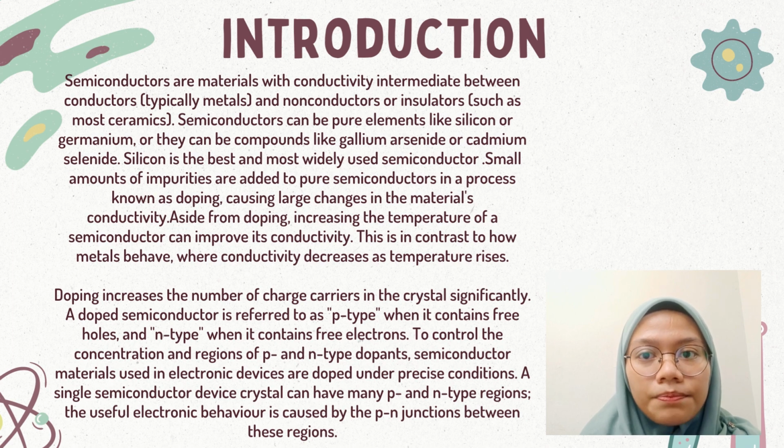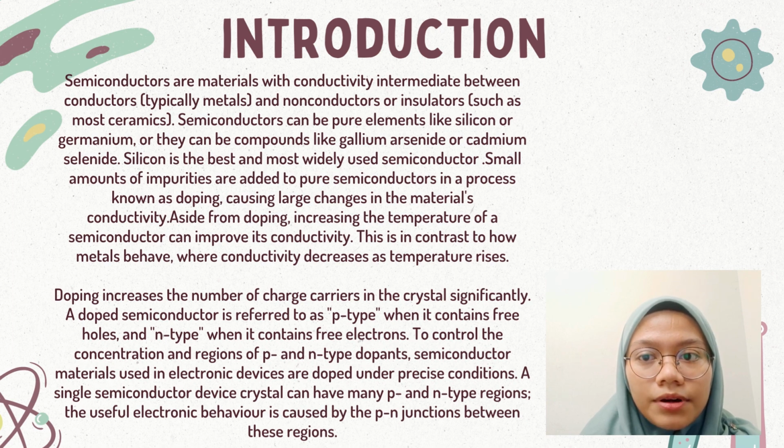Small amounts of impurities are added to pure semiconductors in a process known as doping, causing a large change in the material's conductivity. Aside from doping, increasing the temperature of a semiconductor can improve its conductivity. This is in contrast to how metals behave, where conductivity decreases as temperature rises.